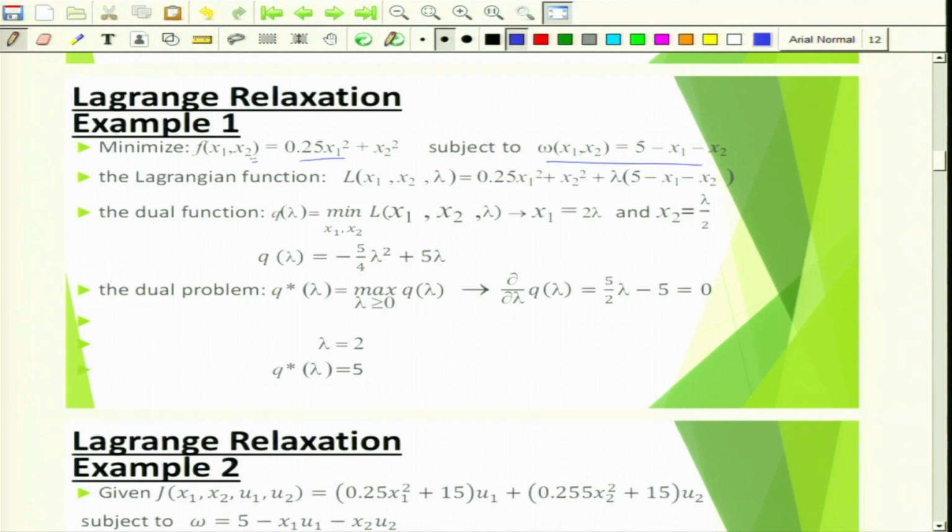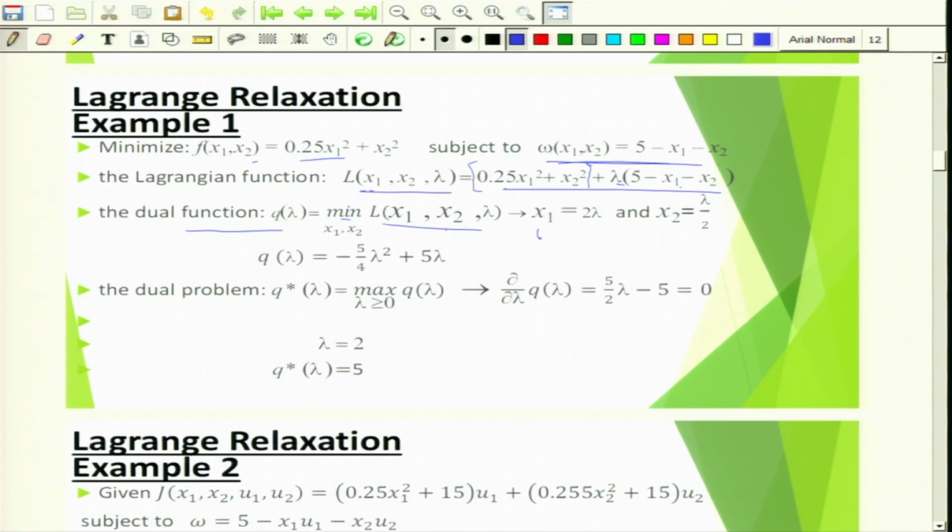Now this is a function that needs to be minimized subject to a constraint. Now this is your Lagrangian function, this is objective function plus lambda into constraint. Now the dual function is minimum of Lagrangian function, and this minimum of Lagrangian function you can easily obtain because you can now differentiate, it is a continuous function. You differentiate this Lagrangian function with respect to each variable x1 and x2.